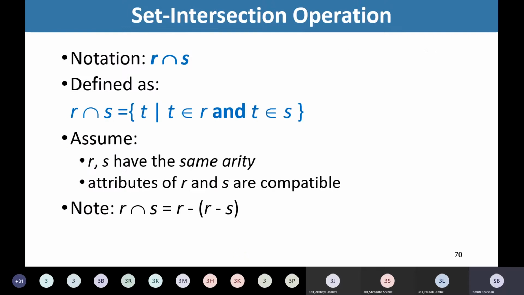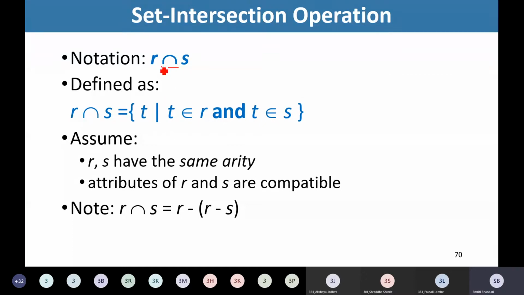So let's begin with the set intersection operation. We have seen the union operation earlier. The union operation is a basic relational algebra operation, and the set intersection operation is an additional operation that provides us a simplified way to write the queries. The notation used for intersection is the intersection symbol.